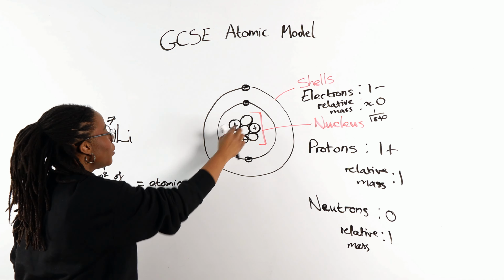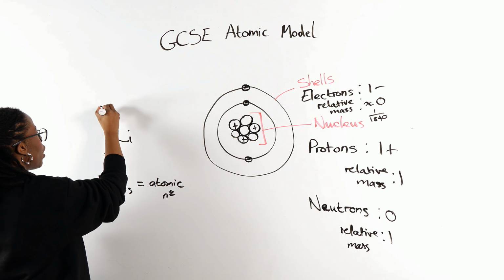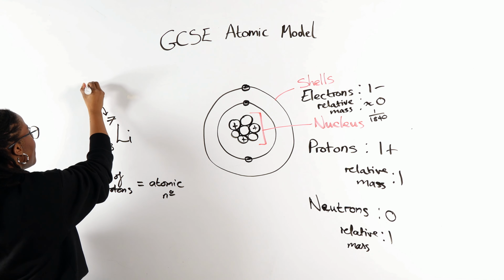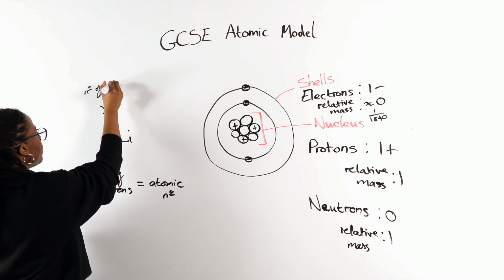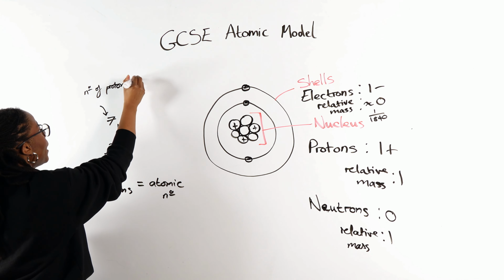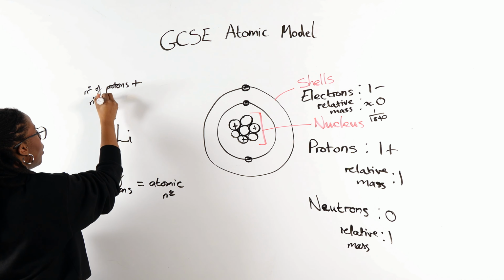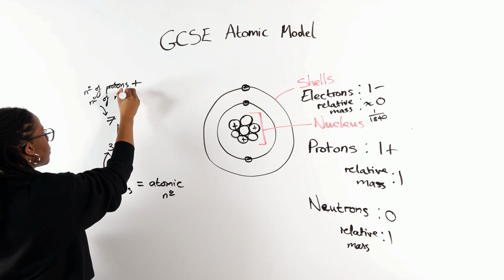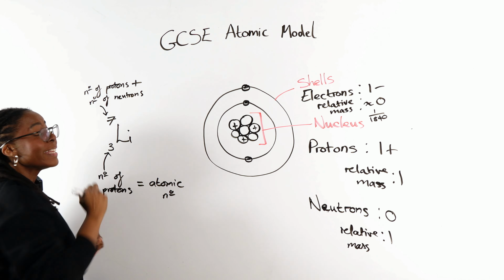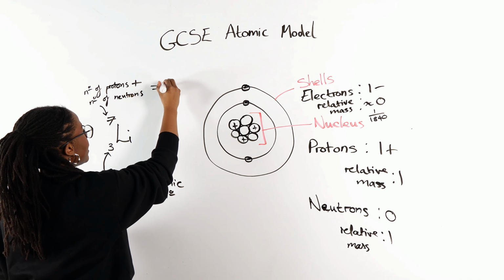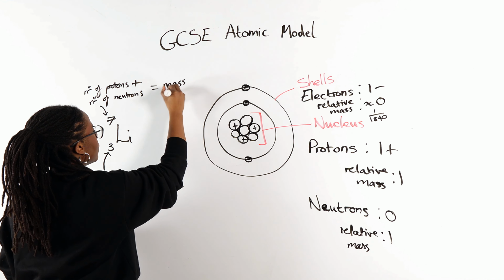So 7 nucleons. So 7 corresponds to the number of protons plus the number of neutrons. And the name that we give this is the mass number.